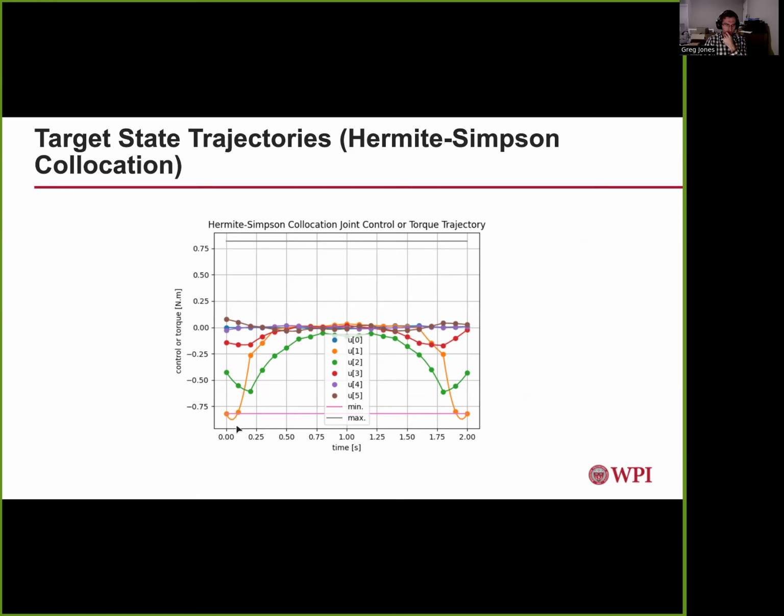And you also notice this control doesn't actually satisfy the constraints in this section over here. That's because the bounds are only applied at the collocation points. So that's just a limitation of the discretization and algorithm. If it's not sufficient, you can increase the number of trajectory segments.